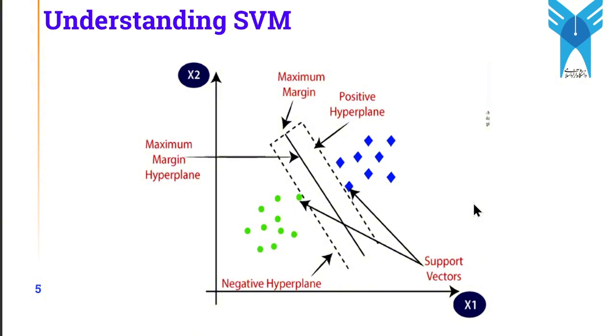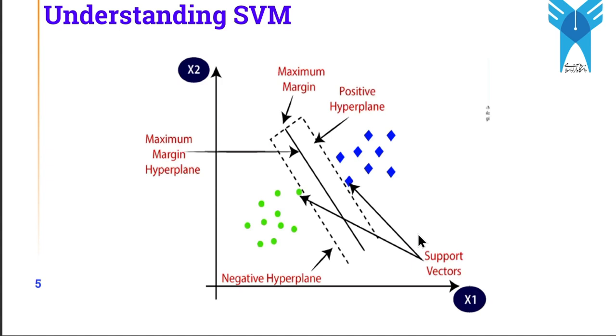Okay, in SVM, we have the positive hyperplane, the top line like a ceiling. We have the negative hyperplane, the bottom line like a floor. And we also have the optimal hyperplane, the middle line that's the best at keeping things apart. We have support vectors.